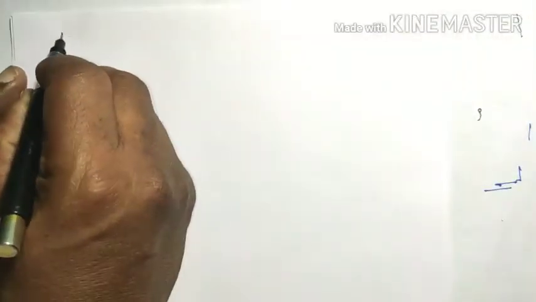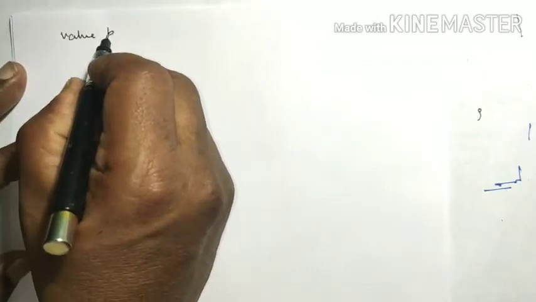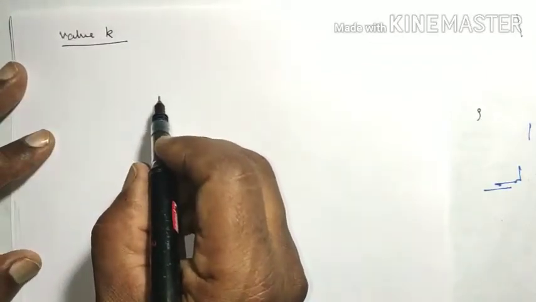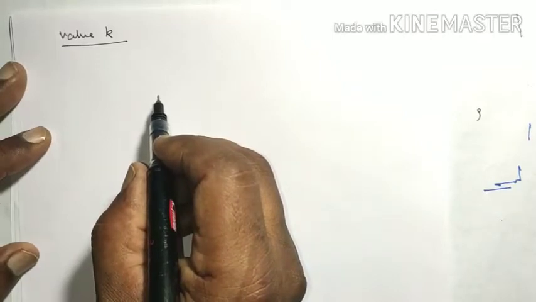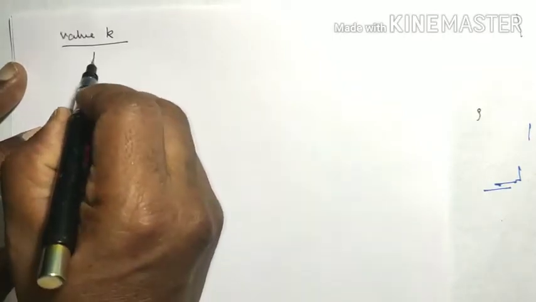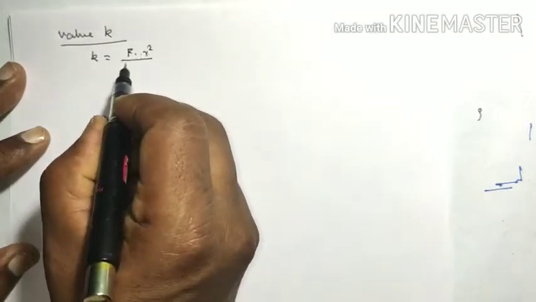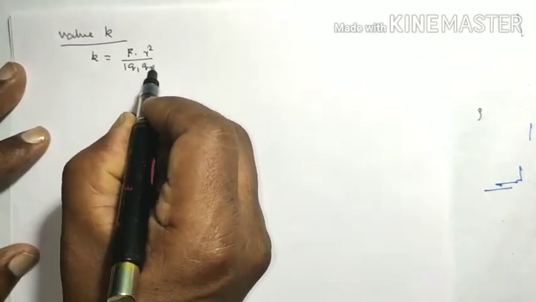Let us find the value of Coulomb's constant, K. K depends upon the system of units and the medium in which the two charges are placed. K can be written as F into r square by mod of Q1 into Q2.